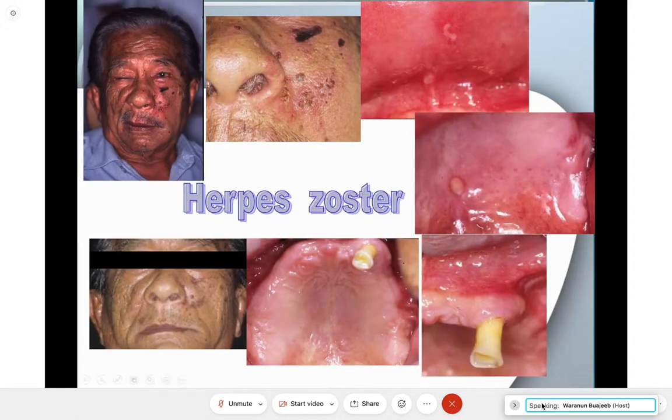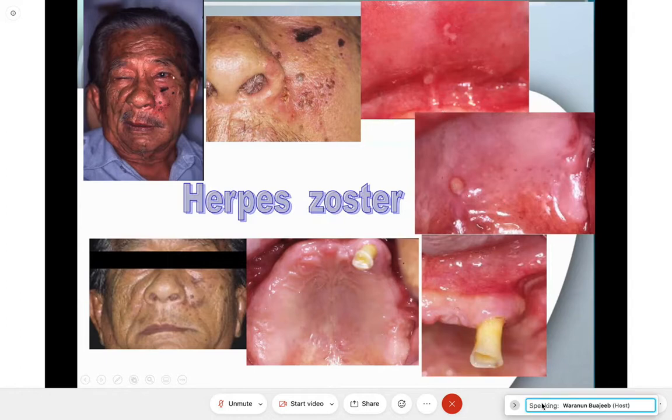And this is also a case of an elderly patient affected by herpes zoster. You can see the skin lesion only on one side, and oral ulcers here on the palate.